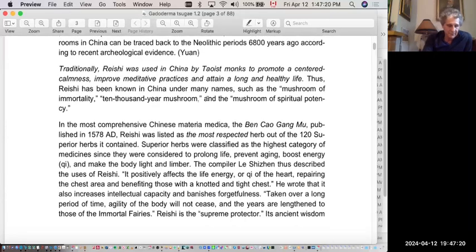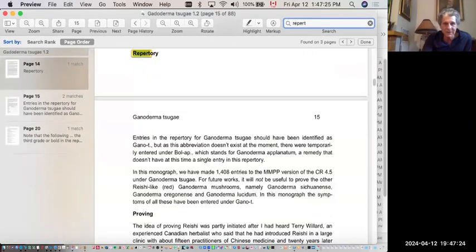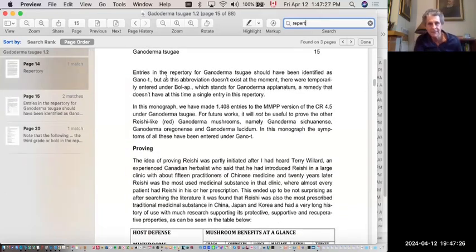And then we have the entries we made to the repertory. So it says here, it's explained that the abbreviation did not exist in the Materia Pura project repertory. So we borrow this one temporarily until it's invented.